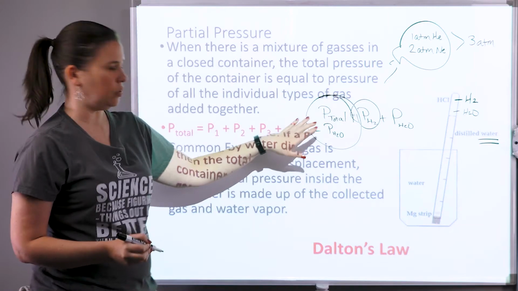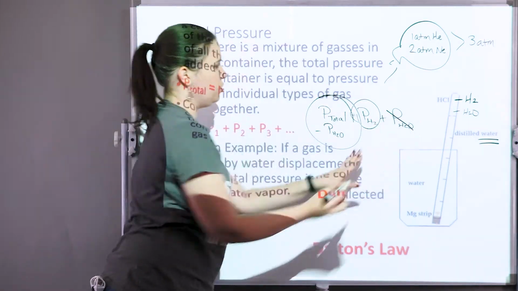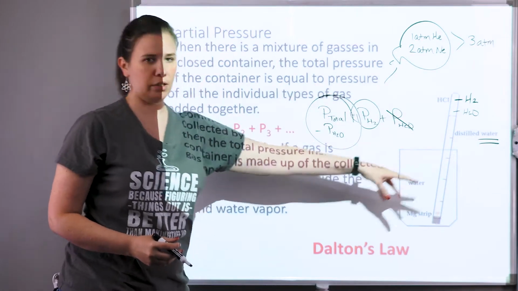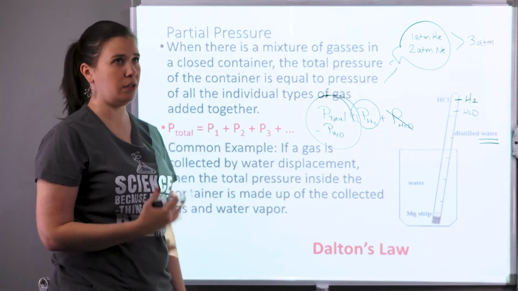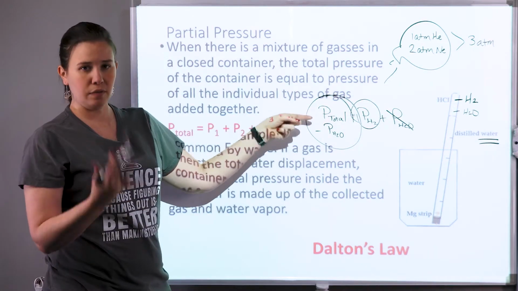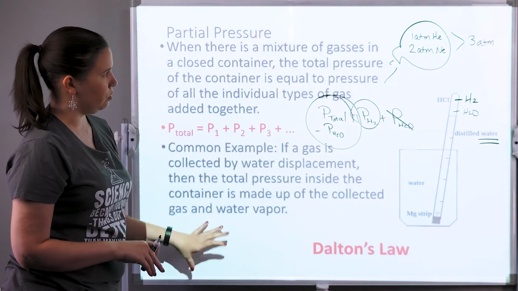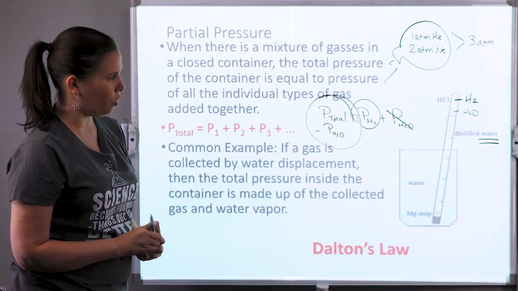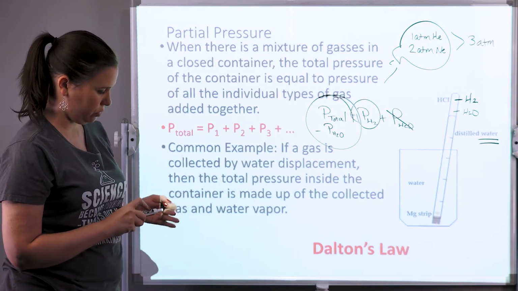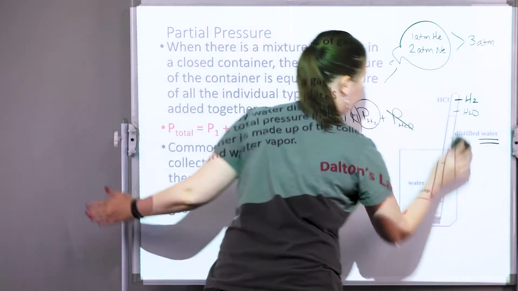So that's essentially what we do experimentally to isolate the hydrogen gas, or whatever gas it is that we're collecting. In a minute, we'll do one where we're collecting carbon dioxide. So in order to isolate that, you take your given atmospheric pressure, you subtract out that water pressure. That's going to mitigate that problem of having the water vapor in the air when you collect over liquid water.